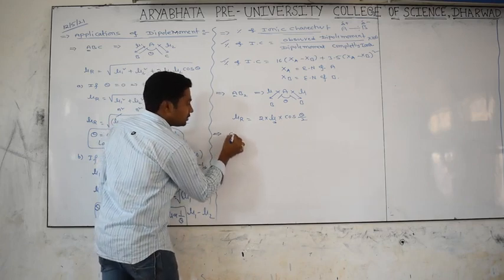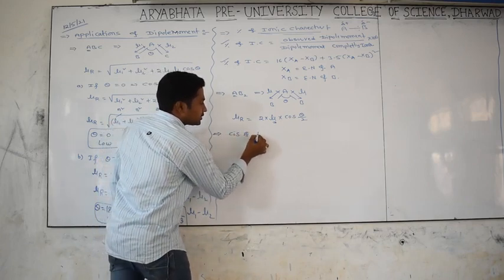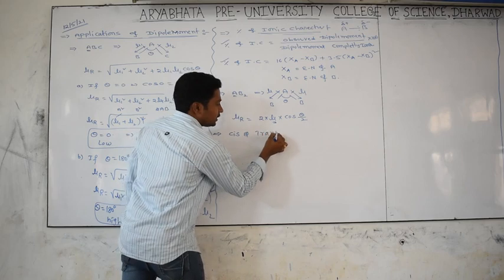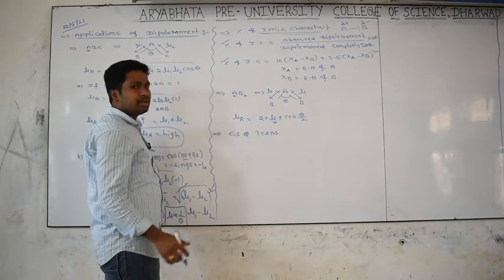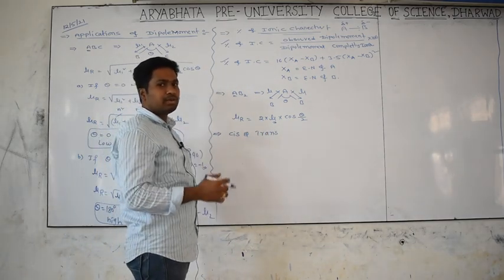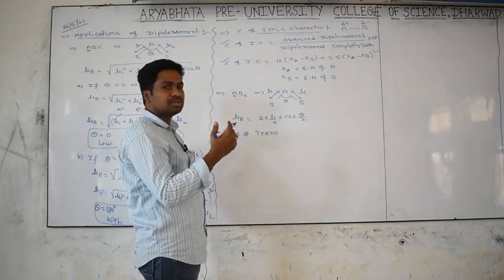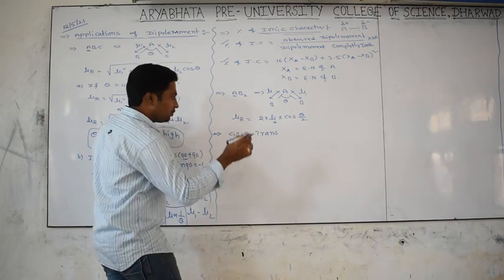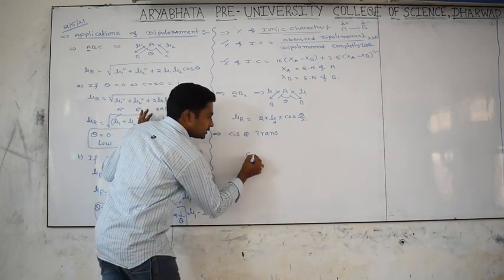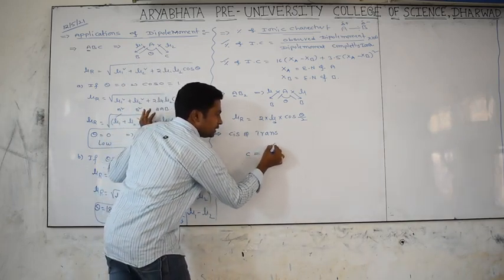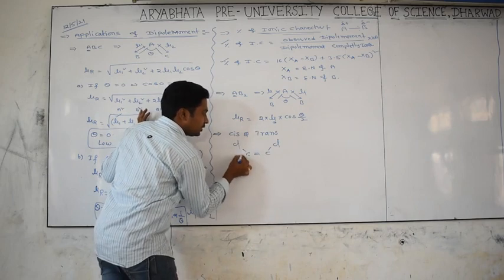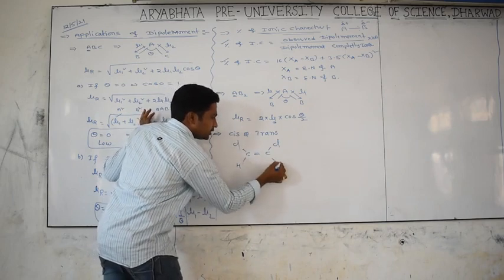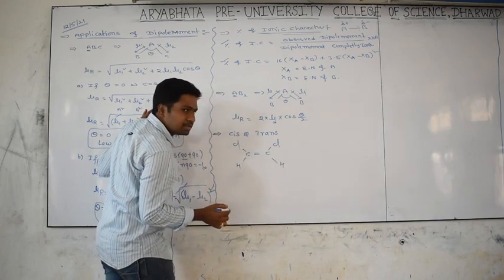To distinguish cis and trans isomers: these compounds have the same physical and chemical properties, but how do you distinguish the cis isomer and the trans isomer based on dipole moment? For example, I am taking C double bond C, here Cl, here also Cl, here H, here H. Is it called cis or trans?